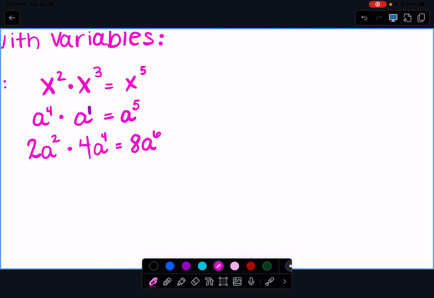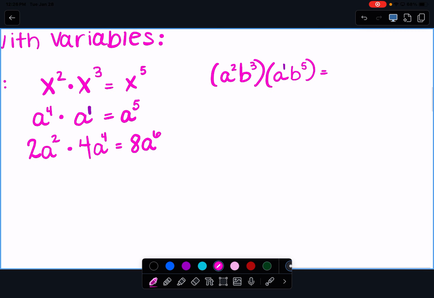All right, now let's try a squared b to the third times a b to the fifth. Again, what's that understood power on that second a?